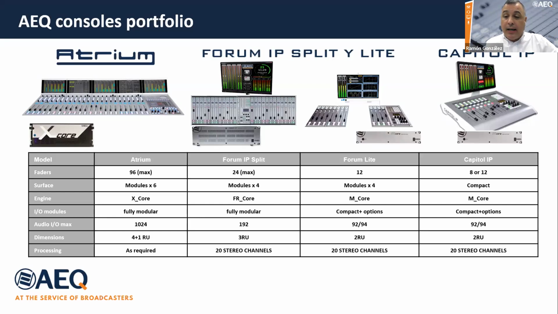But in the case of Atrium, we are up to 1024 inputs and outputs, considering many kinds of formats. Again, microphones, analog input and output, digital AES3, audio over IP, Dante, Ravenna, MADI, and so on. Many other options with Atrium.